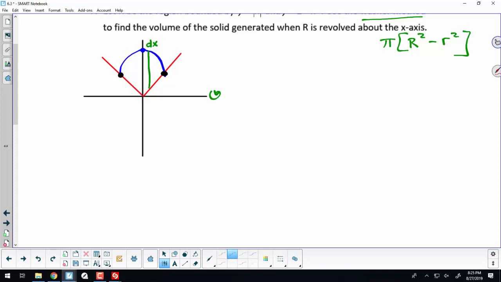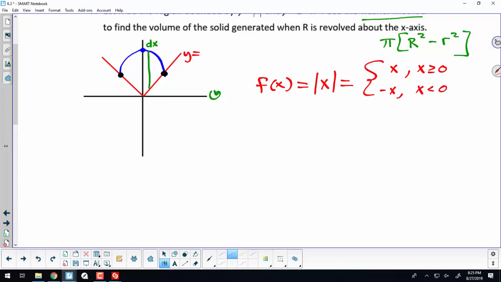This function, if you forgot, was defined piecewise. So if we're going to use the absolute value, we have to say that this is y equals x over here in the first quadrant, but it's y equals negative x in the second quadrant.